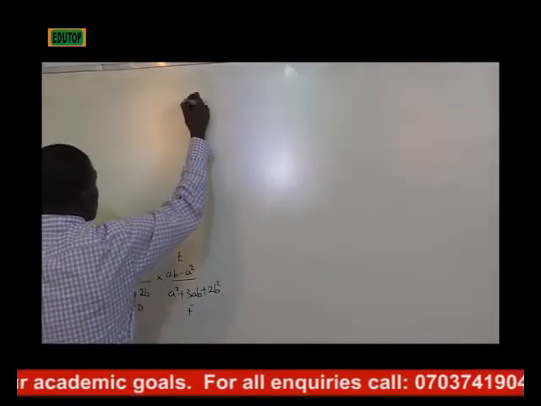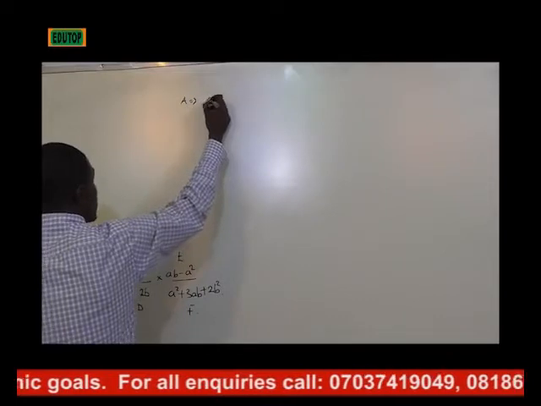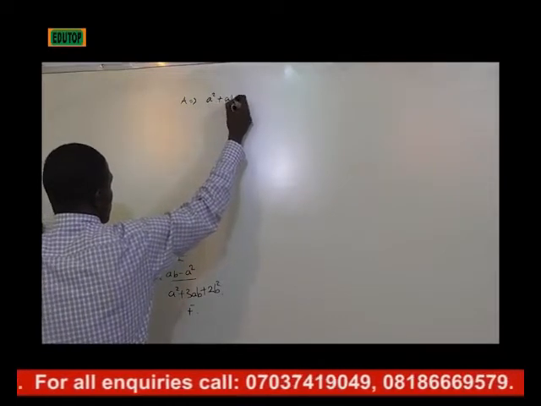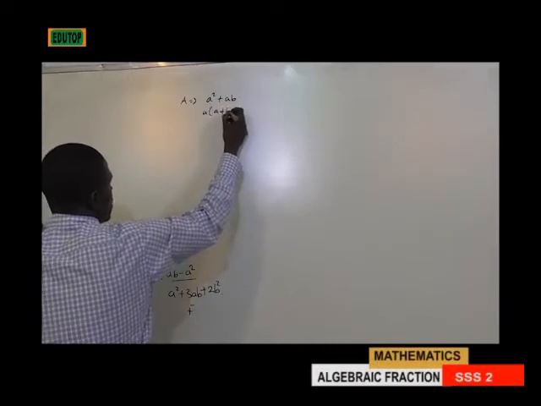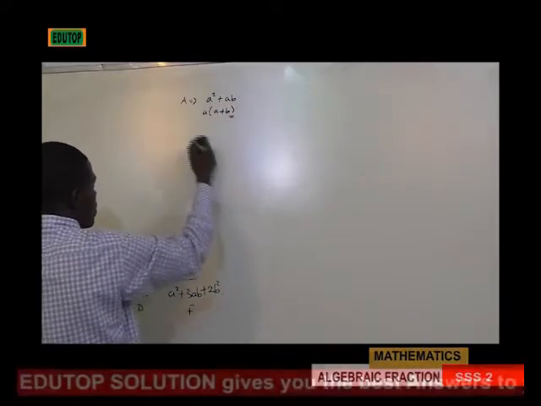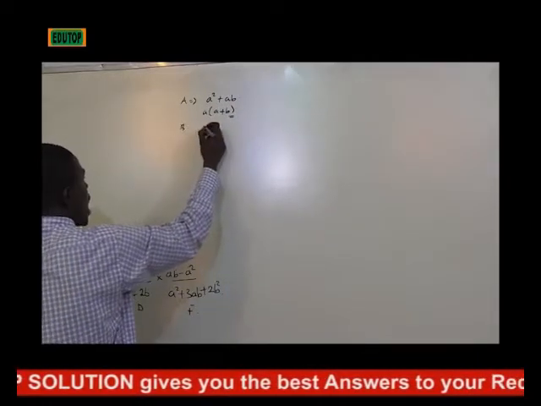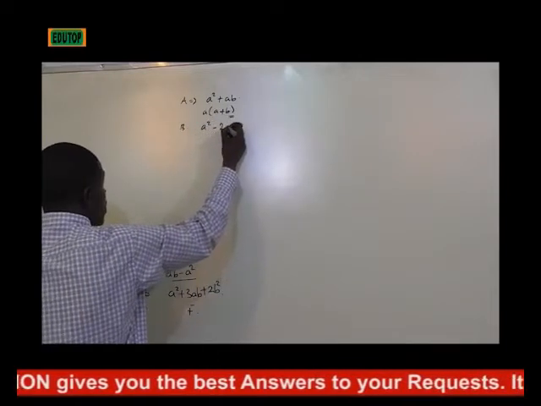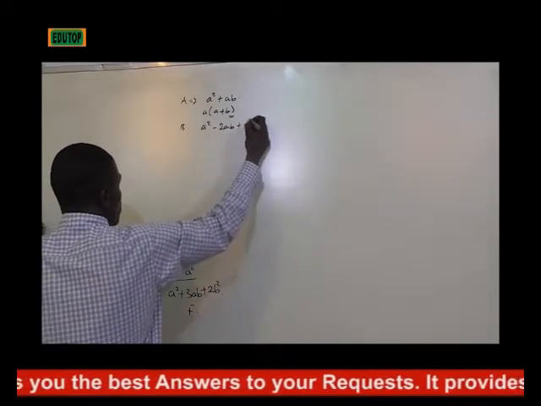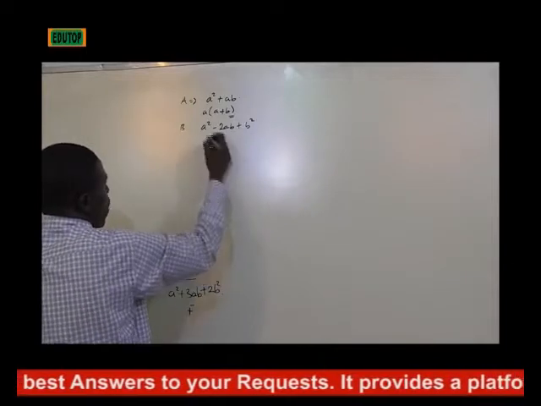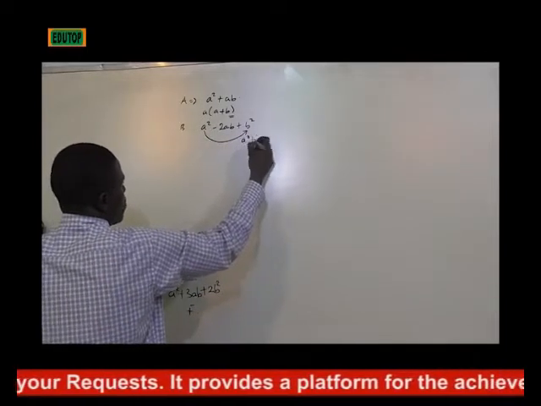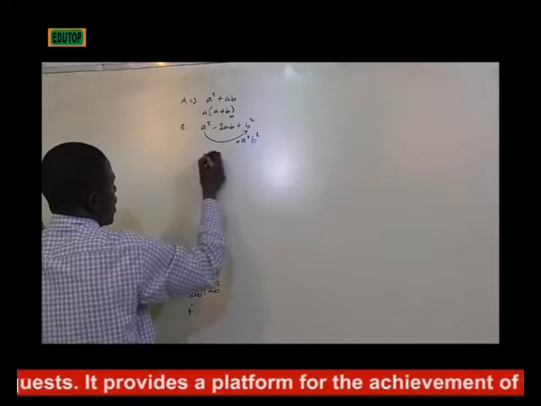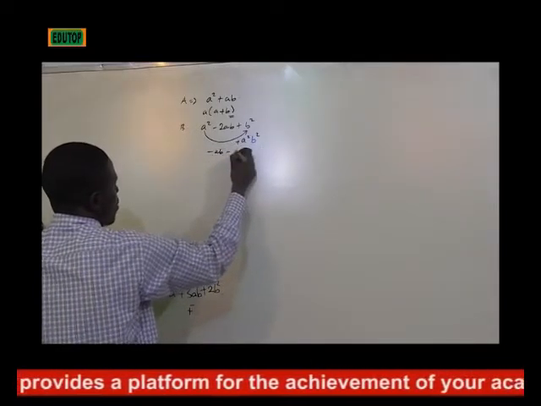So the A now, which is a squared plus ab, I can make this a into a plus b as the A. The B, I have a squared minus 2ab plus b squared. So I can also do the same here. I have a squared, b squared, plus this. Then I have minus ab minus ab.